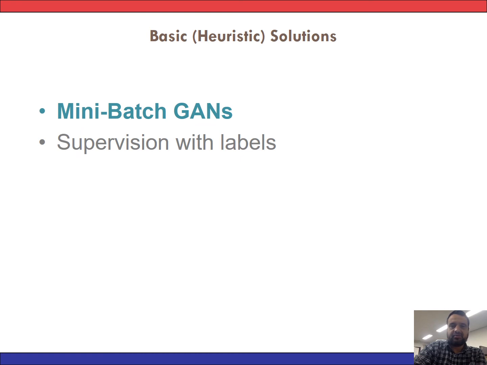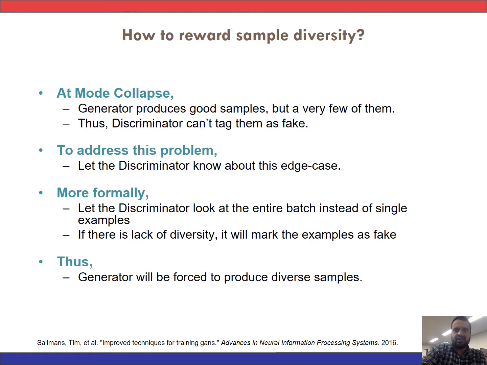First, I will talk about the mini batch GAN architecture. In terms of the mode collapse problem, the generator actually produces very good samples, but not all, only a few of them, and it lacks diversity.